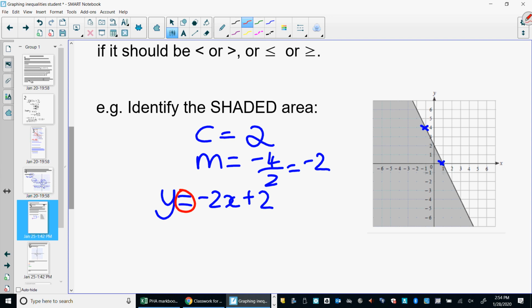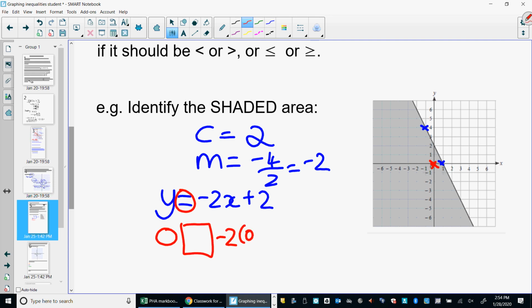I like to pick the coordinate 0, 0 because it wipes out any kind of multiplying going on. But you don't have to. And if 0, 0 is on the line, don't ever choose it. But in this case, we could pick it because it's on the shaded side. So I'm going to say 0, and I'm leaving this blank just for now.